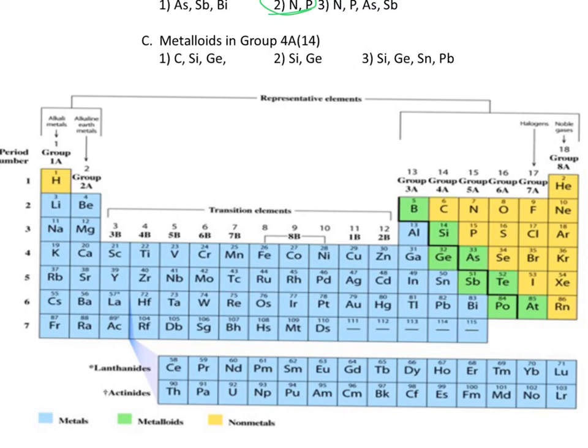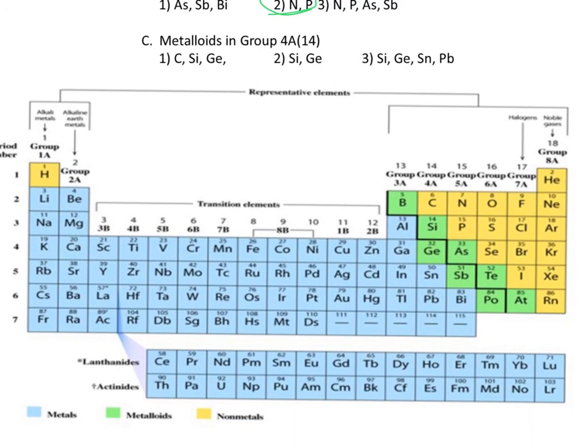Metalloids in group 4A. So locate group 4A on the periodic table. But this time we're wanting the metalloids. We're wanting those elements that touch the line. Notice all the elements that touch the staircase are metalloids with one exception, and that's aluminum. I'll walk the line.